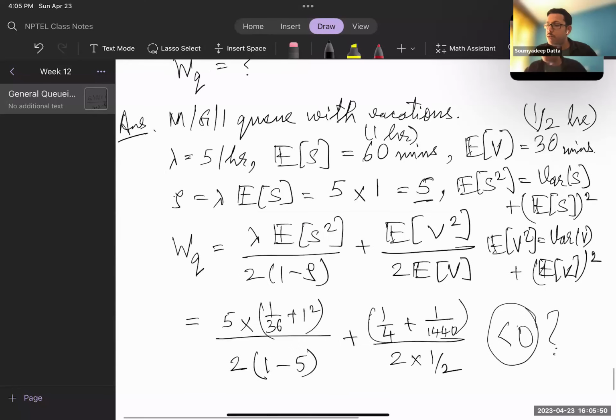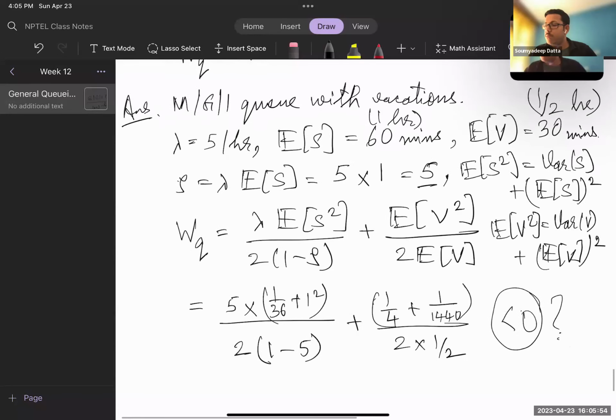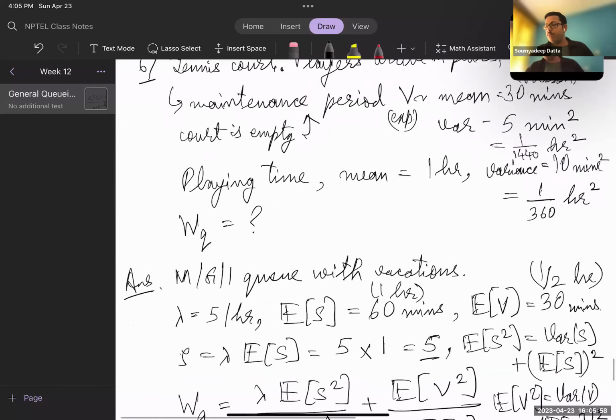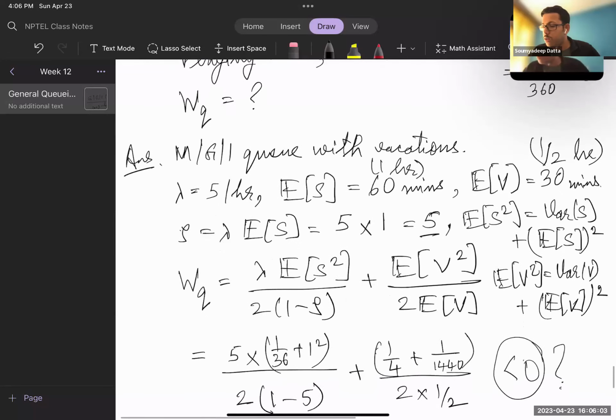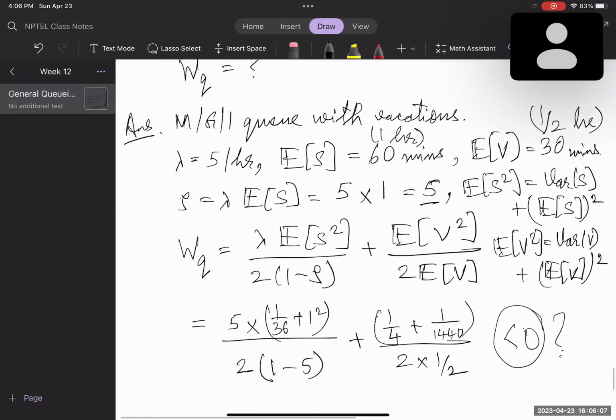This is the approach in general, and in the exam, the paper setter will ensure that the values are chosen correctly. I think there's a calculation error: in place of 1440, there should be 720.